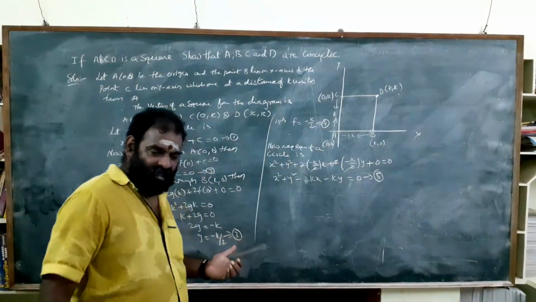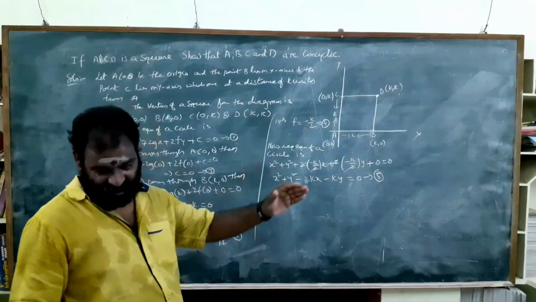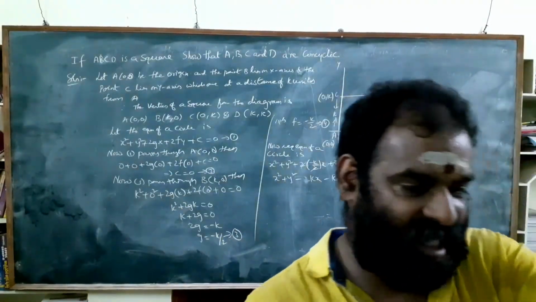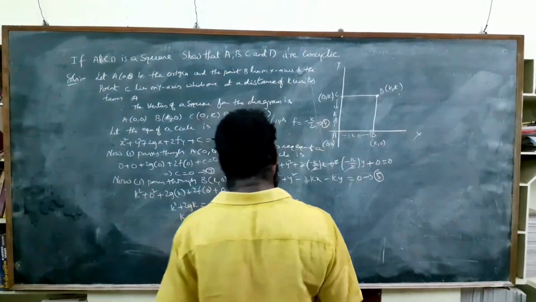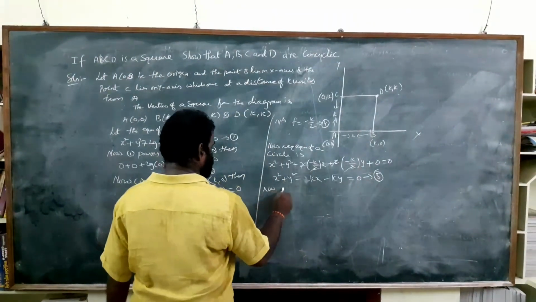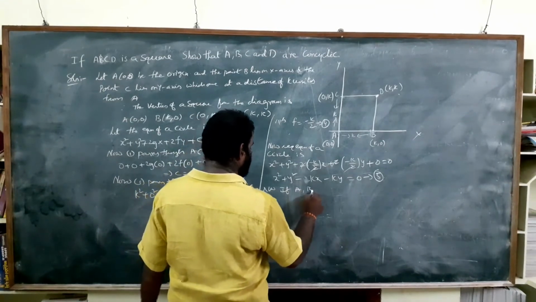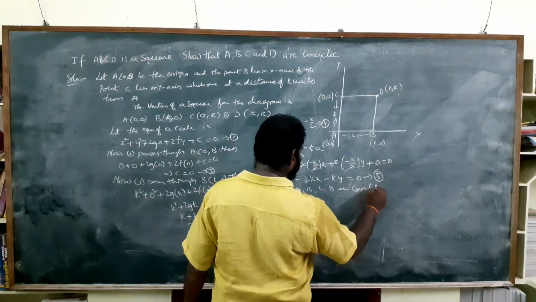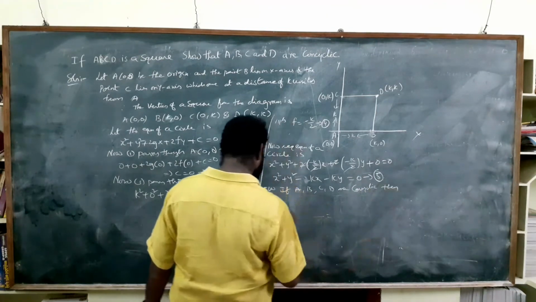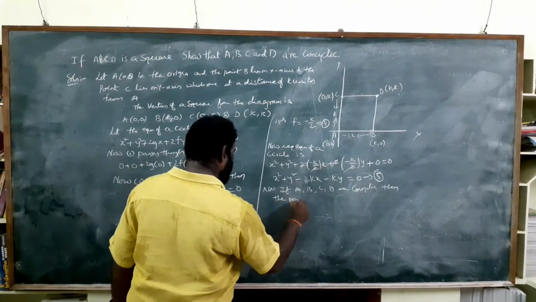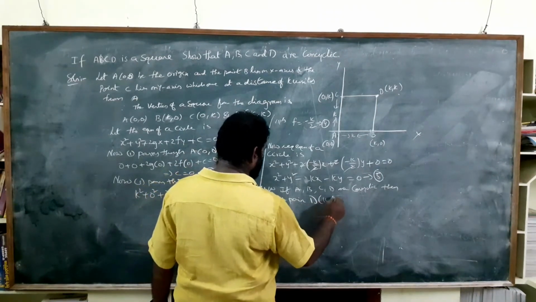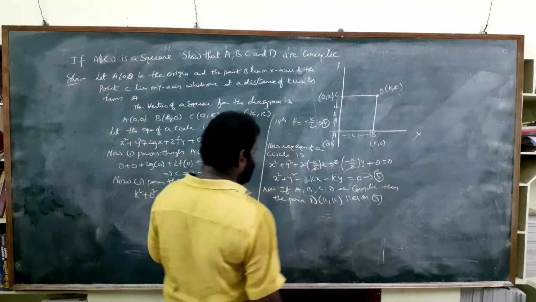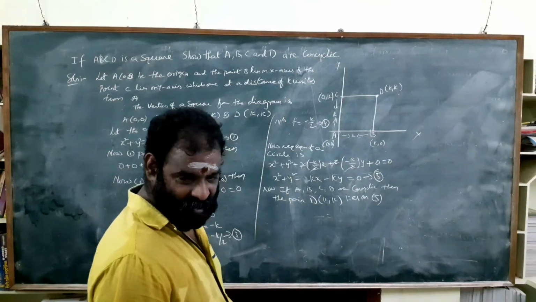Now we find the equation passing through A, B and C. If the given 4 points are concyclic, then the point D lies on the fifth equation. If A, B, C, D are concyclic, then the point D, which is (k, k), lies on the fifth equation.